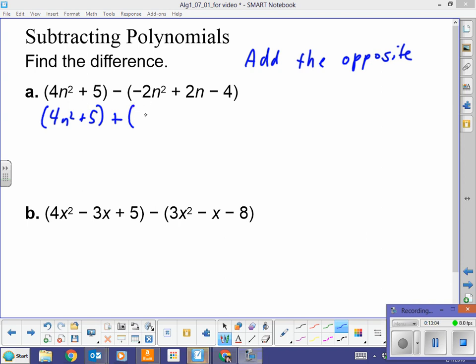So negative 2n squared becomes positive 2n squared. Positive 2n becomes negative 2n. And then negative 4 becomes positive 4. Okay, so negative, positive, positive, negative. So now I'm adding the opposite. And now I can just combine like terms, like I did in the previous example. 4n squared plus 2n squared, 6n squared.